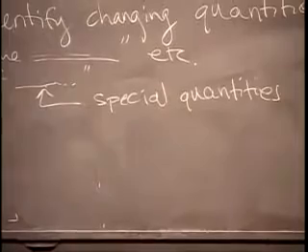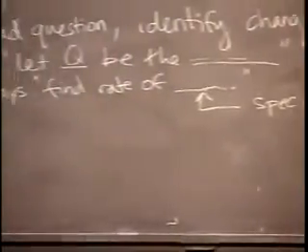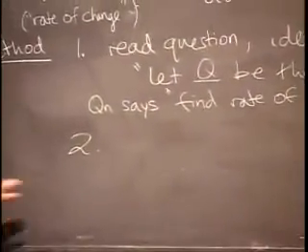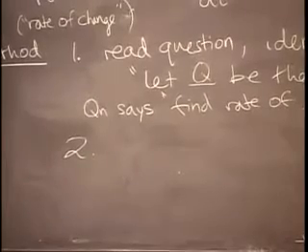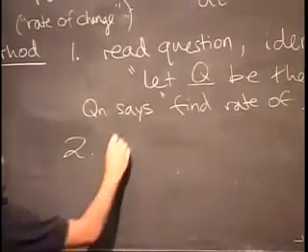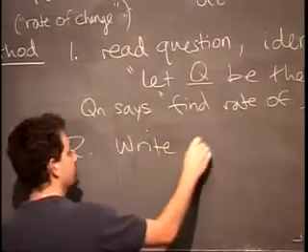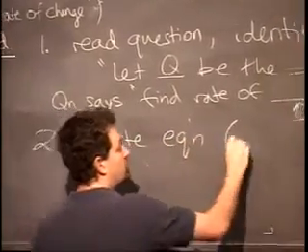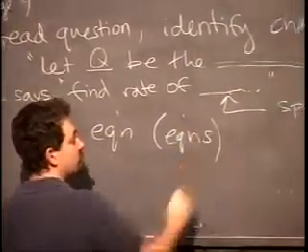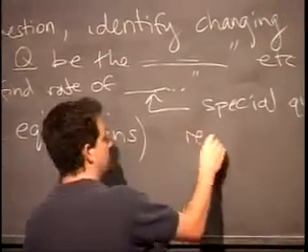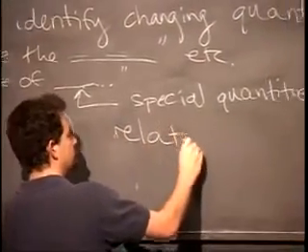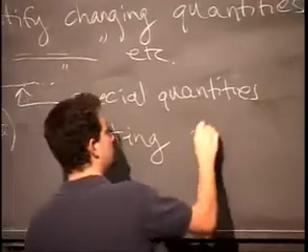Okay. So step one is the preparatory work, just to identify variables and get a feel for the problem. Step two is write an equation, or equations if there are more than two quantities, relating the quantities.